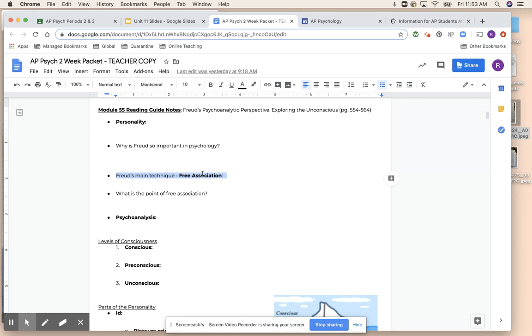It's his method of asking people questions and trying to dig deeper into what was going on deep down and giving them things that they can freely think about. So if you look in the book, the definition literally says a method of exploring the unconscious in which the person relaxes and says whatever comes to mind, no matter how trivial or embarrassing.